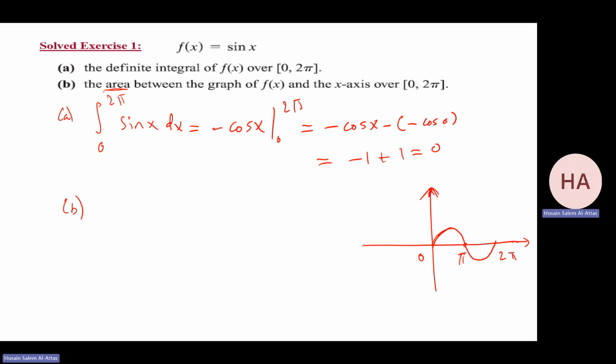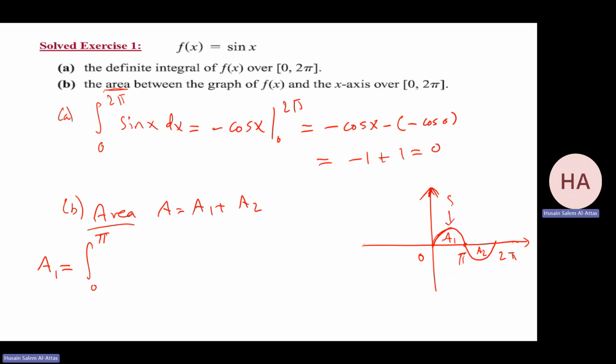Now the area, I need to split it into two parts. I have A1 and I have A2. The area will be A1 plus A2. Let me do A1. A1 will be the integral from 0 to pi. What is the upper?